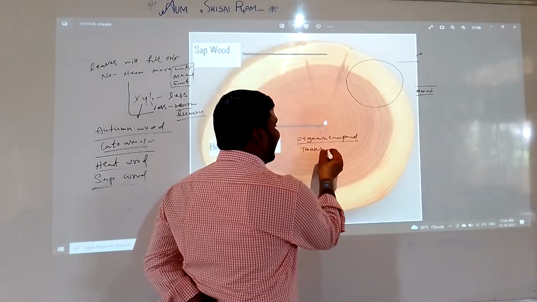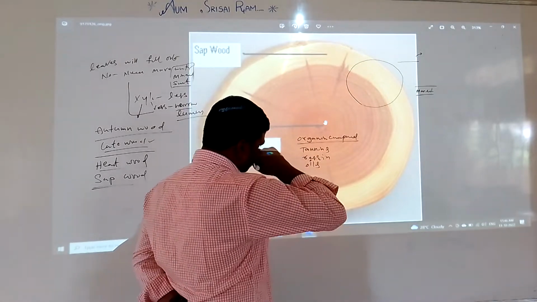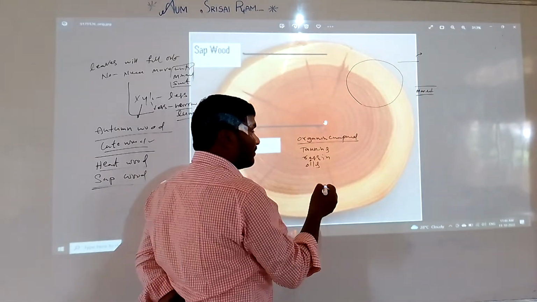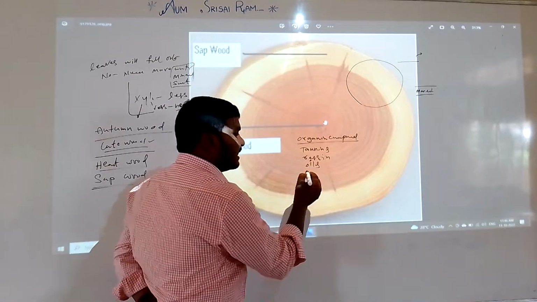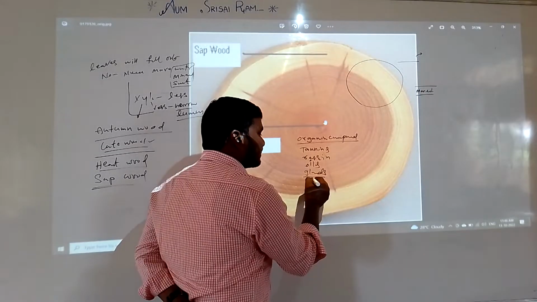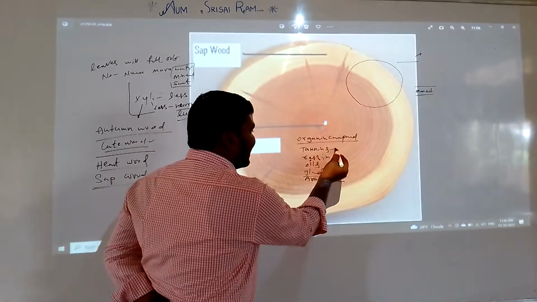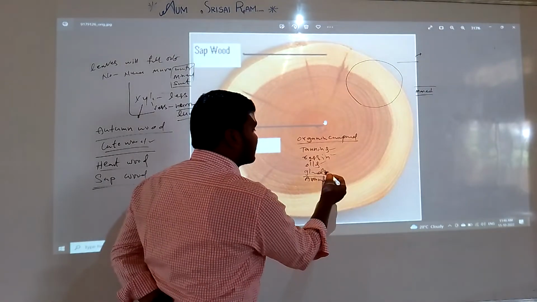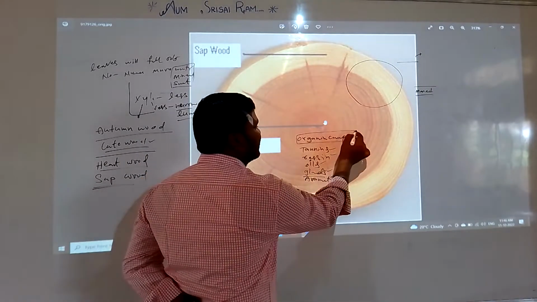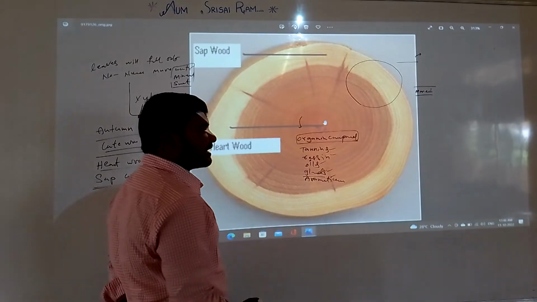Tannins, resins, oils, some glands, and some aromatic compounds are present. Because of tannins, resins, essential oils, glands and aromatic compounds, this portion is totally full of organic compounds. That's why it is very dark in color.